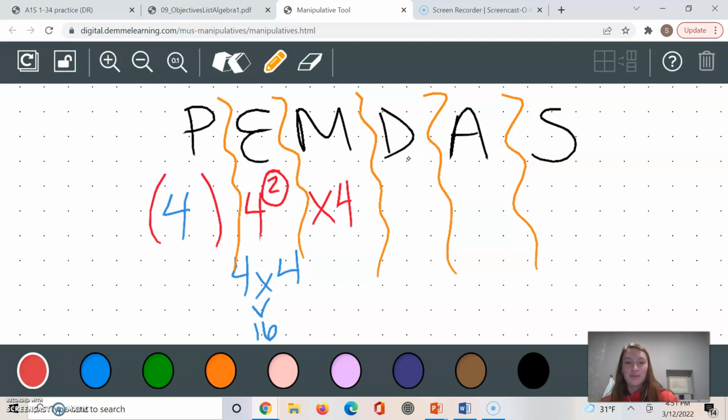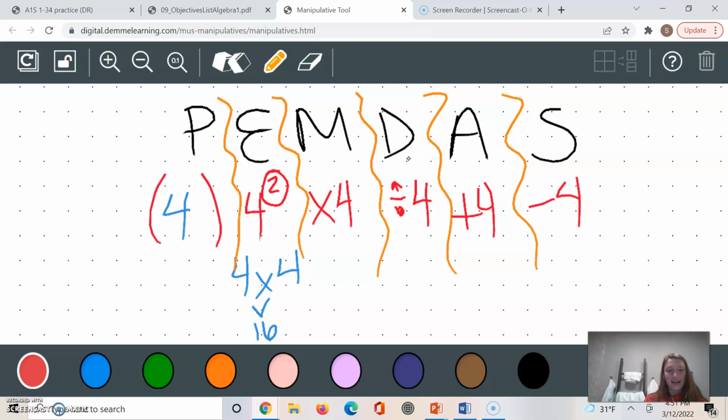You will be able to start to see the pattern. Just a little bit of review. That's my divided by 4. The A, addition, plus 4. And then the S, minus 4. So we've got our parentheses, our exponents, our multiplication, our division, our addition, and our subtraction.